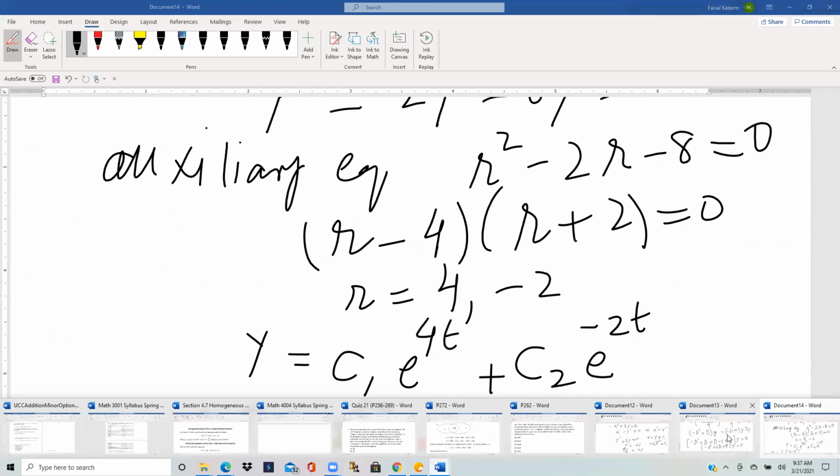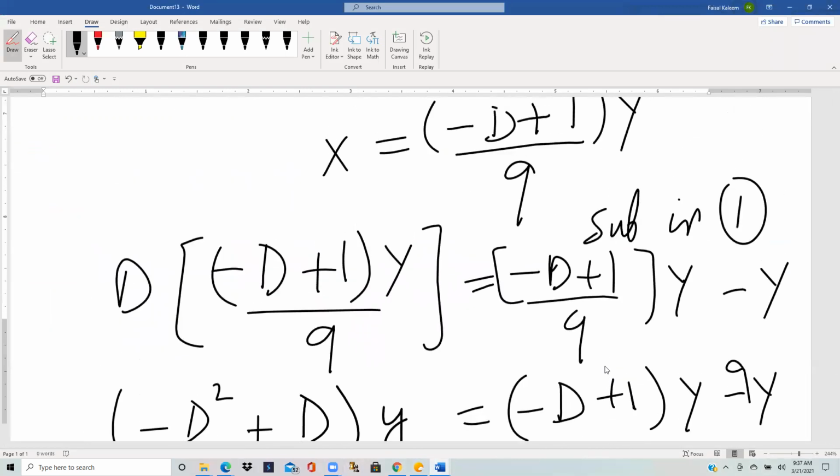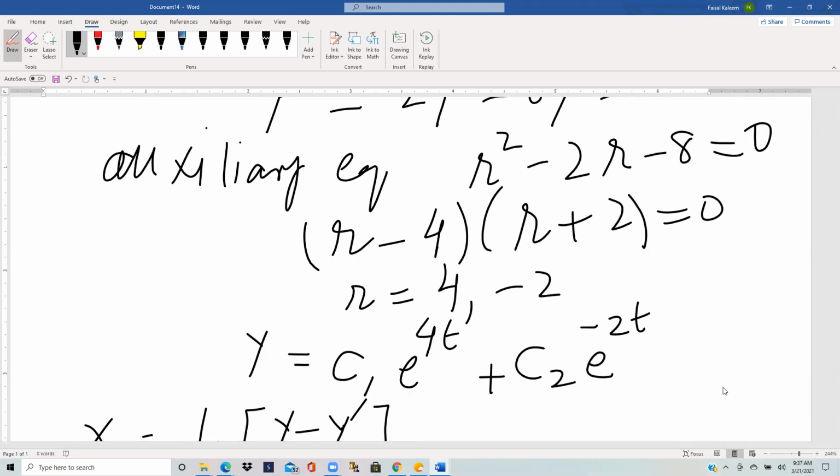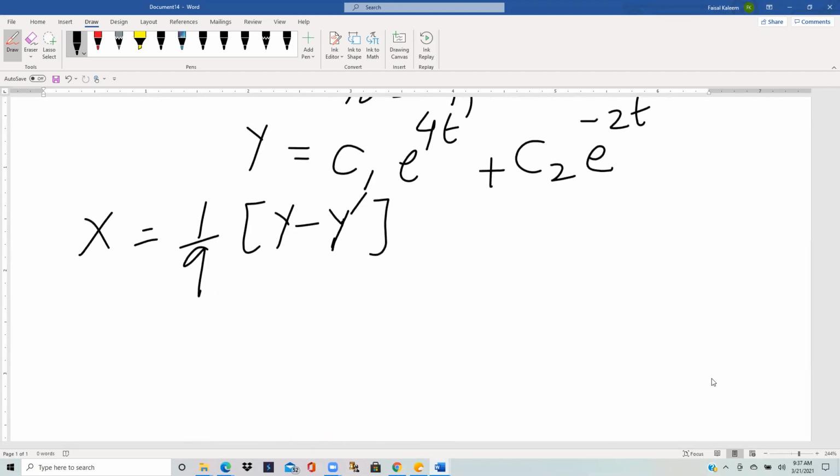Go back to this. So you have it here also, 1 over 9, and this is y minus y prime. We could even write it exactly in this form, negative y prime plus y over 9.